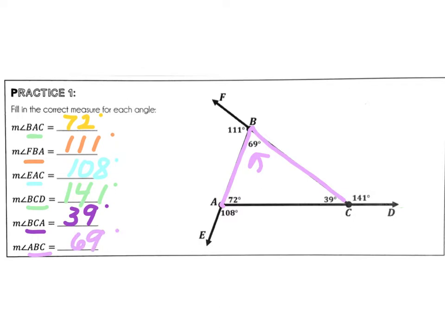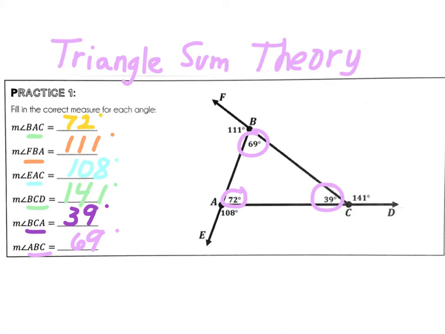Okay, so that's how you do it. You connect the dots, and whichever measure is in the middle is what we're referring to. And one thing I'd like to give you a preview of is called the triangle sum theorem. That means the 3 measures inside every triangle, if we add them all together, will add up to 180 degrees.